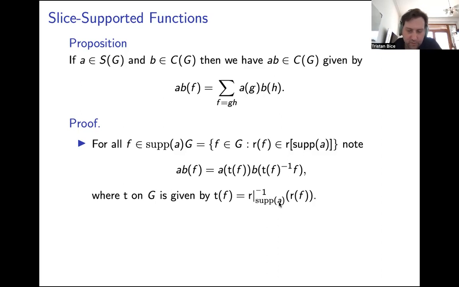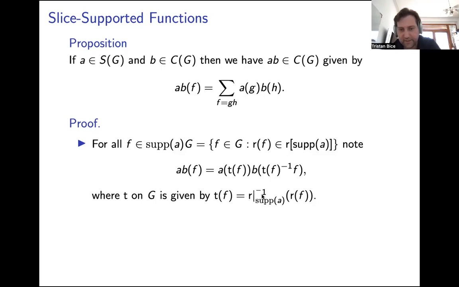And this, I should point out, is the key point where you're using the fact that the range map is not just continuous but open. Here you're using continuity, but to derive that T is continuous, you're looking at this R inverse function.